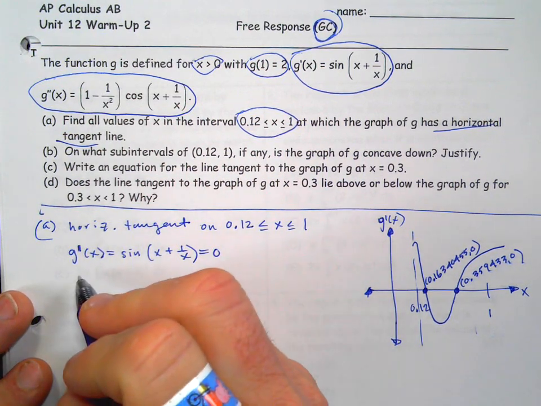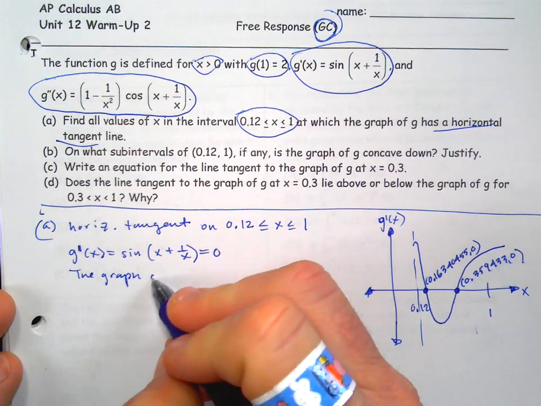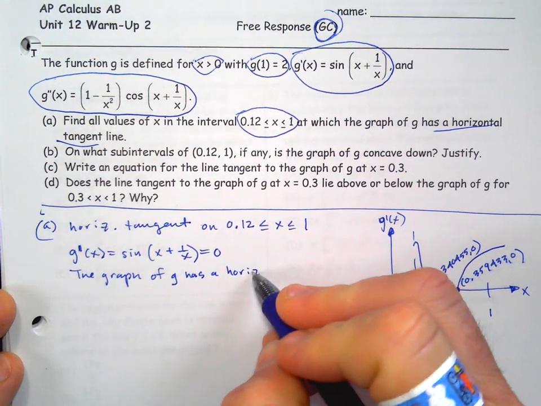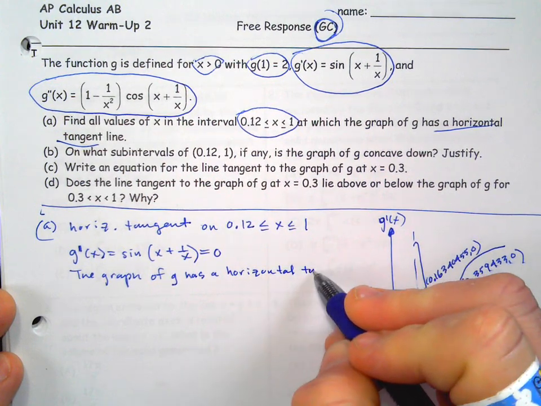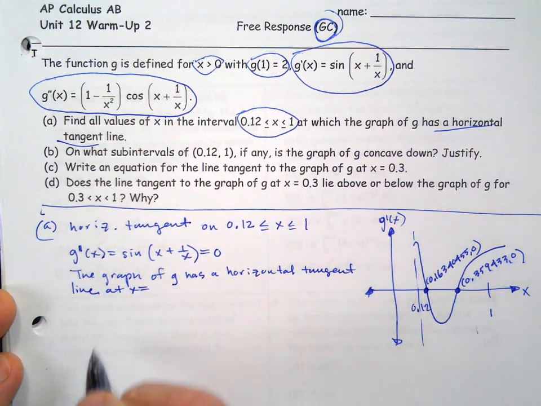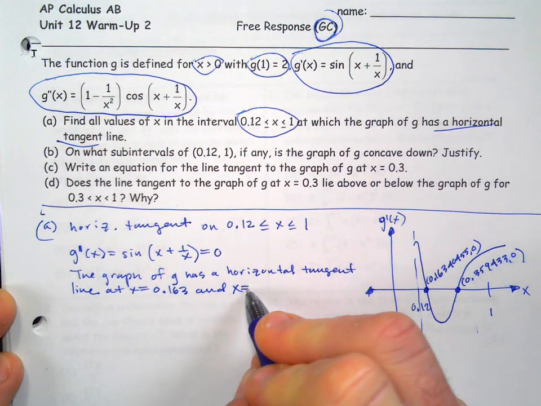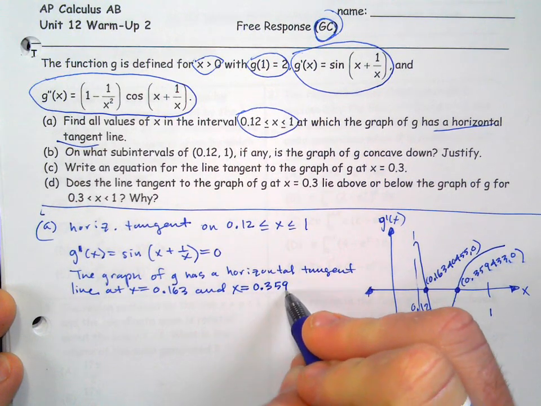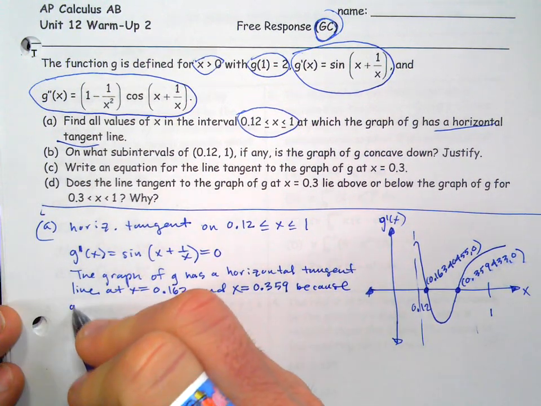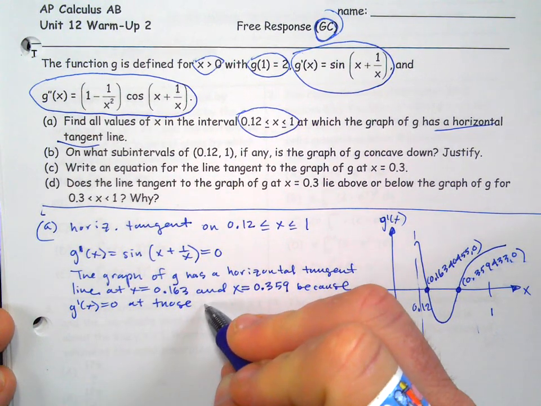So those are your zeros. So the graph of g has a horizontal tangent line at x equals 0.163 and x equals 0.359 because g prime of x equals 0 at those points.